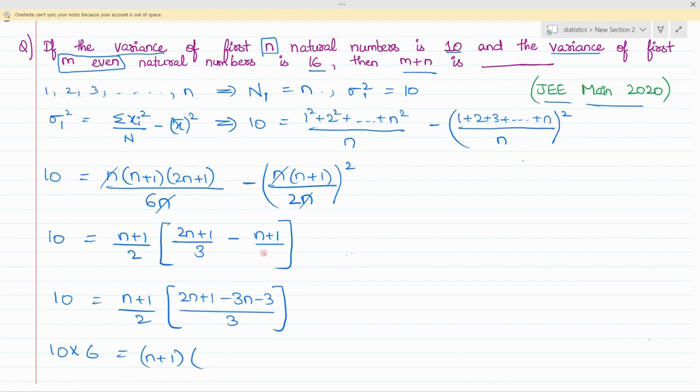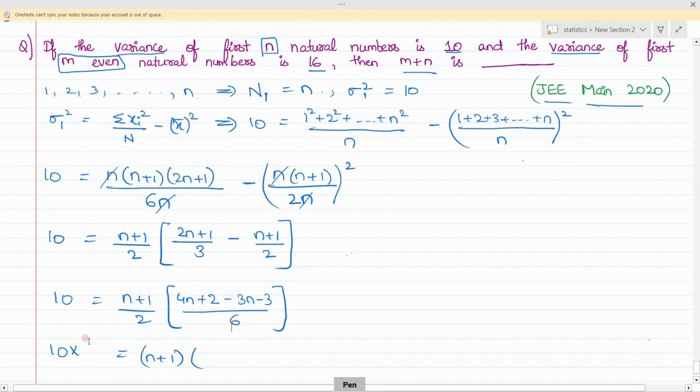Actually here by 2 will come, and here LCM becomes 6. So inside it becomes 4n plus 2 minus 3n minus 3 upon 6. So here it becomes 12 into (n plus 1) into (n minus 1).